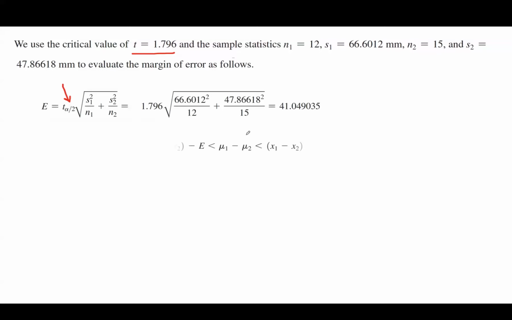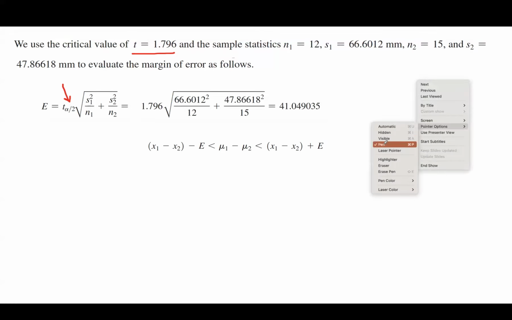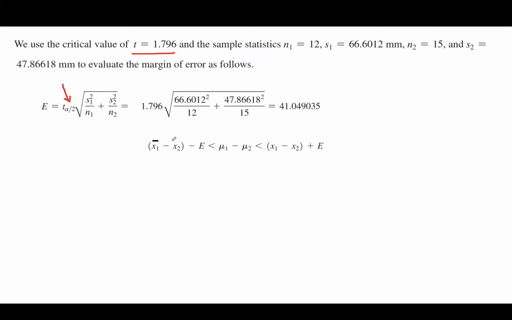Now we can move on and find the difference between population means, which is going to be the difference between sample means minus the margin of error, and the difference between sample means plus the margin of error. All of these need to be X bars. Let me add these bars here to avoid any confusion.